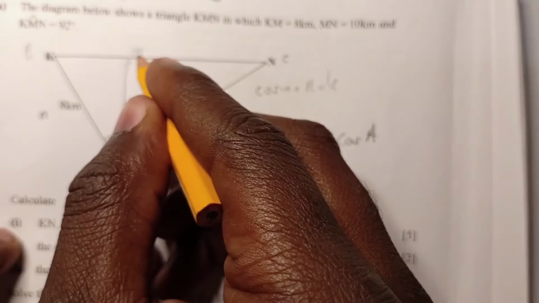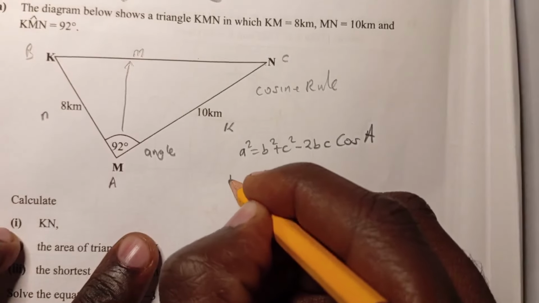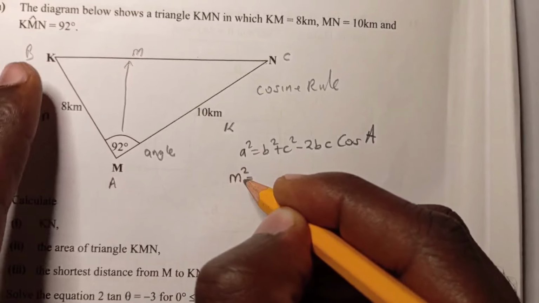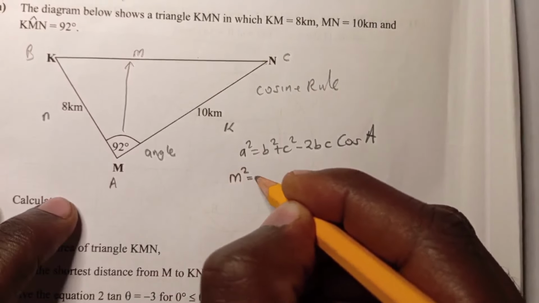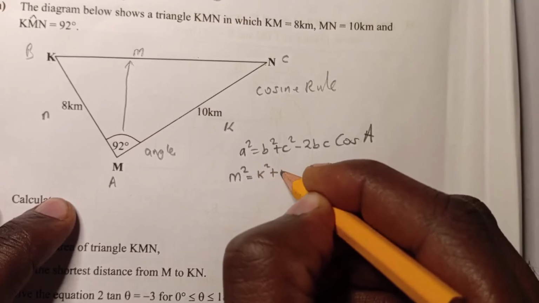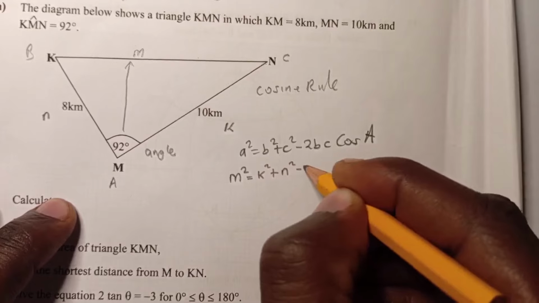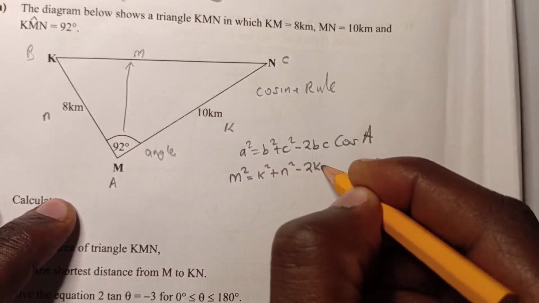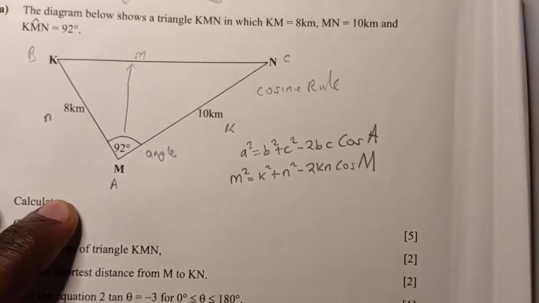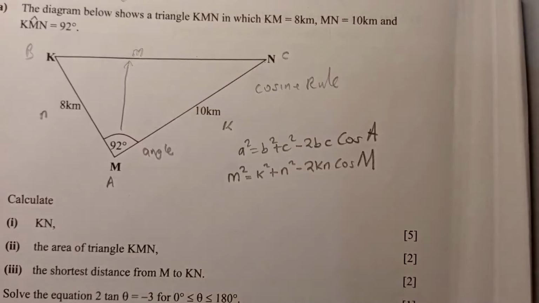So a is represented by m. So we are going to say m squared is equal to k squared plus n squared minus 2kn cos capital M. Okay, the capital letters are the angles.